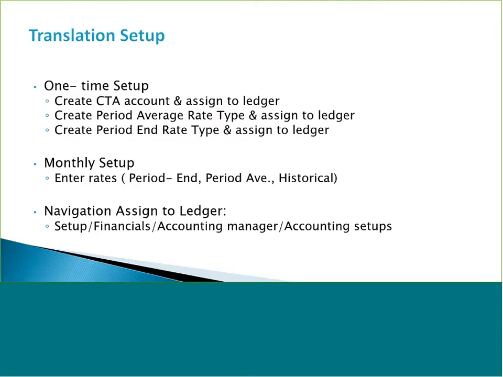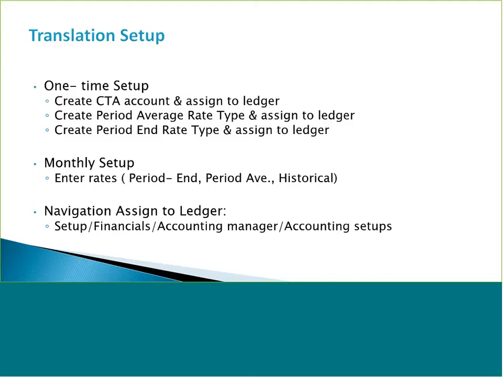So for the one-time setup, what we need to do is we need to create a CTA account, the cumulative translation adjustment account, which we had talked about in our previous lessons, and we saw what the purpose of that account is, just because of the differentials that come up when the different types of accounts are translated using different exchange rates.